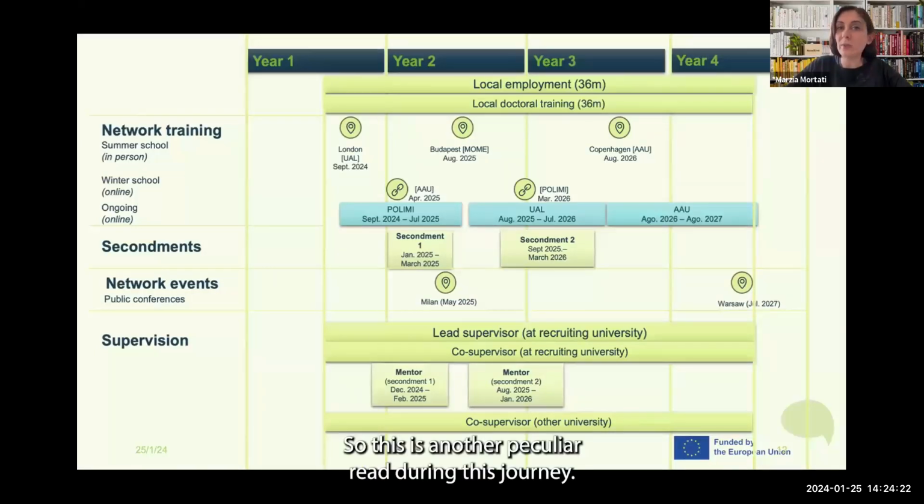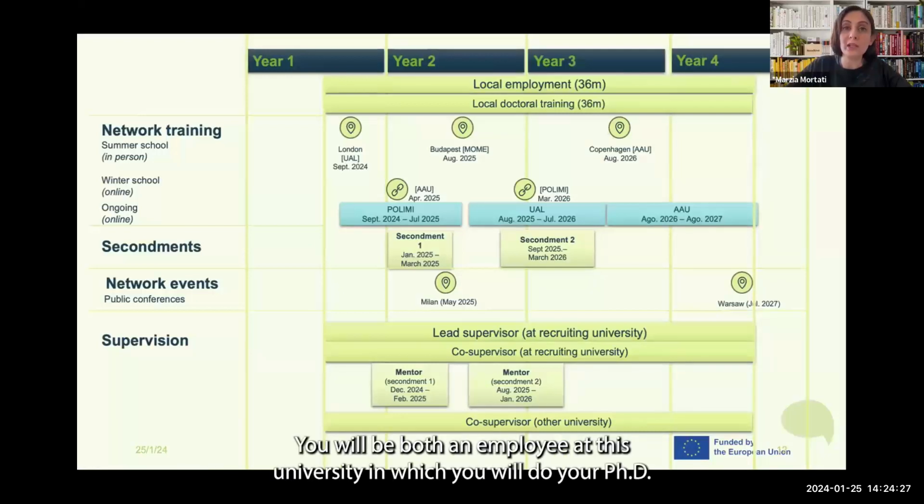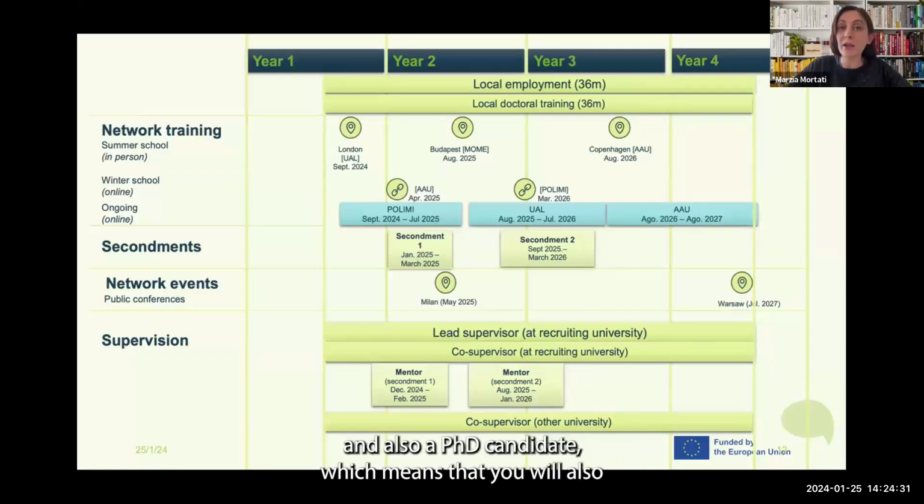So this is another peculiarity. During this journey, you will be both an employee at the university in which you will do your PhD and also a PhD candidate, which means that you will also receive a salary for doing this research together with us.